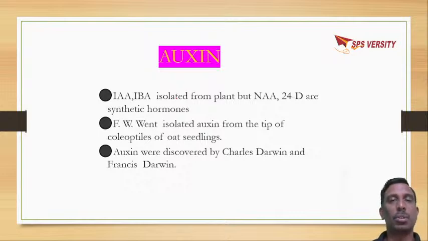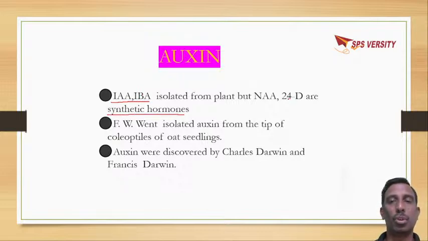So these auxins naturally are present in plants in the form of IAA, IBA. Indole acetic acid, indole butyric acid. And there are synthetic hormones which are synthesized commercially.